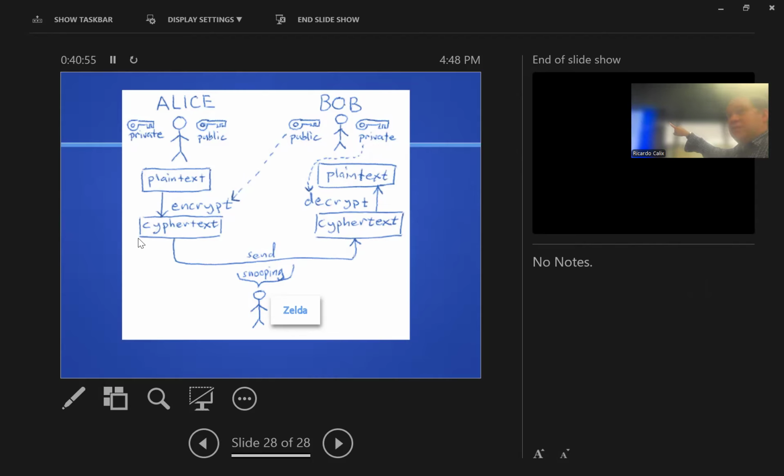Then on the receiving end, Bob receives the ciphertext, and he uses his private key to decrypt it and obtain the plain text message. At this point, what you have accomplished is key establishment. Now they both agreed that they were going to use AES, CBC, for instance. So now they just proceed to exchange their secure messages via AES CBC.